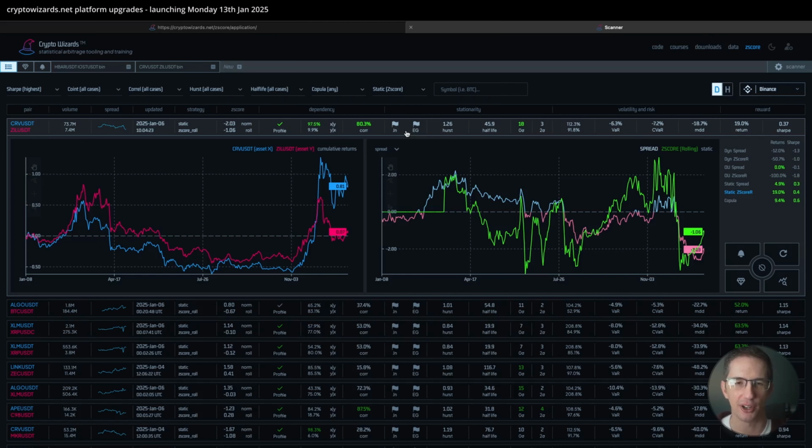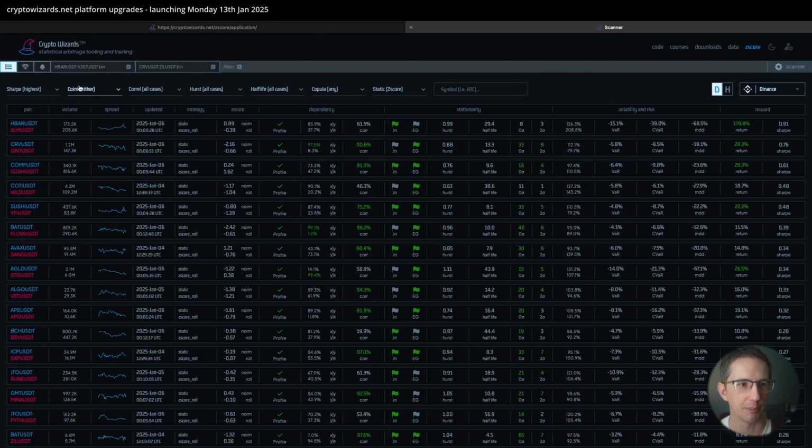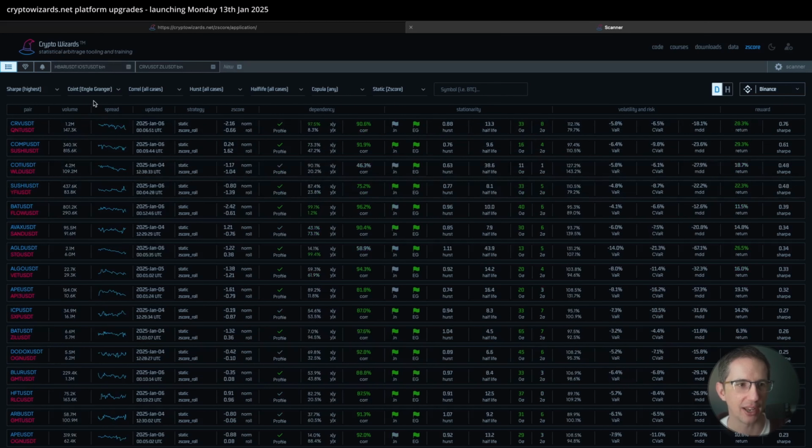One that relies on eigenvectors and eigenvalues and all sorts of complex analysis, known as the Johansen method, and the other one, Engle-Granger. So if I want one of these to be cointegrated, I can just select cointegration either, and one of these flags will be green, if not both. If I want both of them to be green, I could have that. If I just care about Engle-Granger, which is what the current platform has been using, I can use this Engle-Granger here as well.